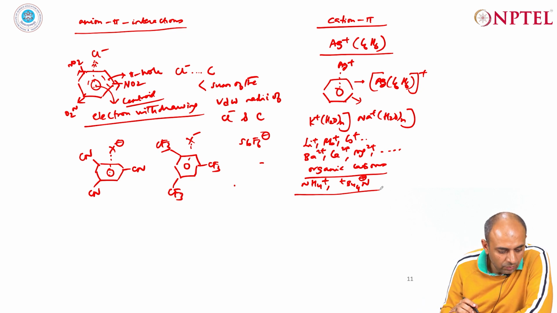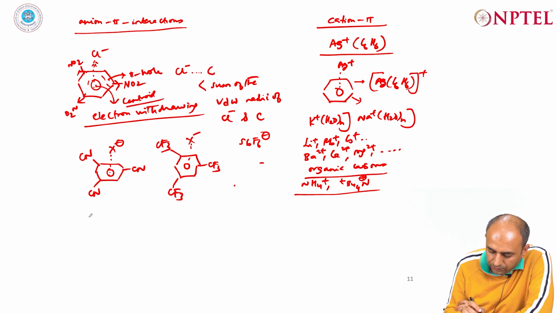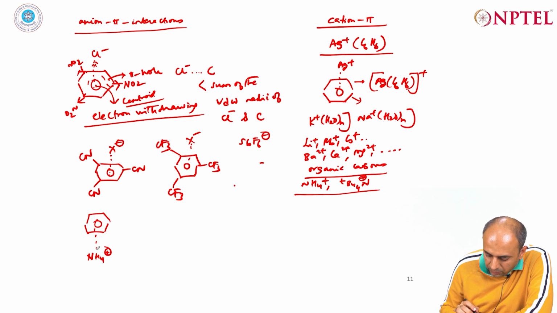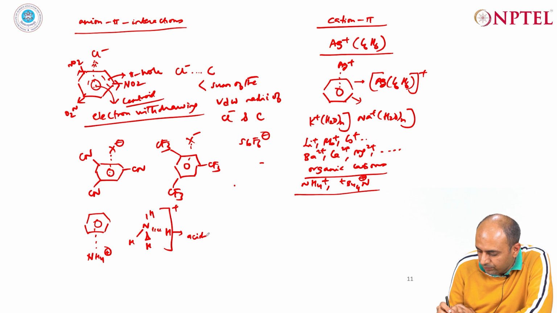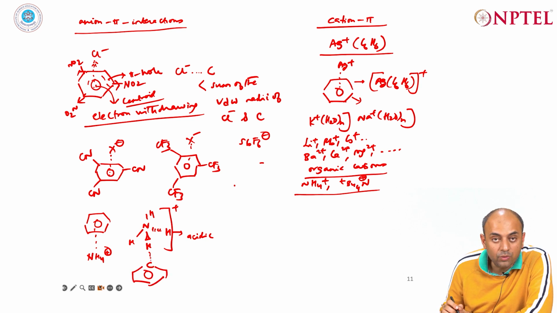For example, we can now look at different kind of species. We can have interaction between the ammonium ion with the benzene nucleus, and ammonium ion, as you see, has got a tetrahedral geometry. The hydrogens are acidic, the NH bonds are polar, and they can participate in the formation of NHC interactions where the carbon is coming from the benzene nucleus.